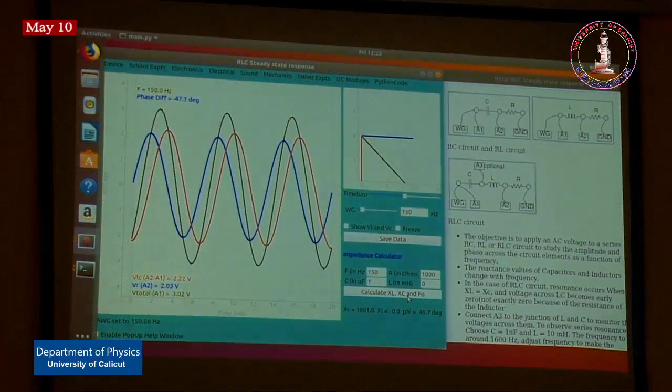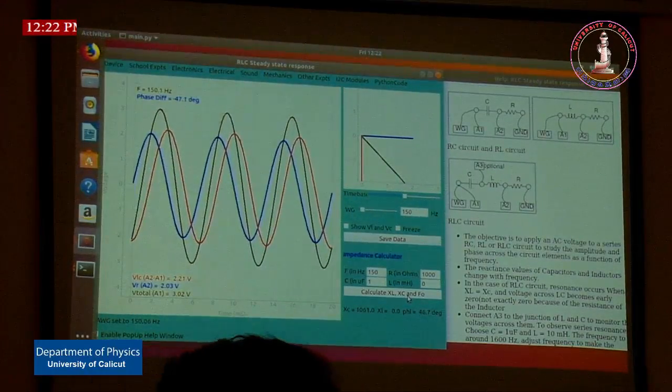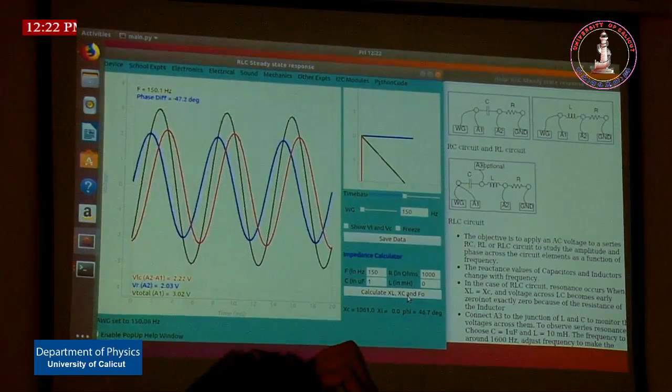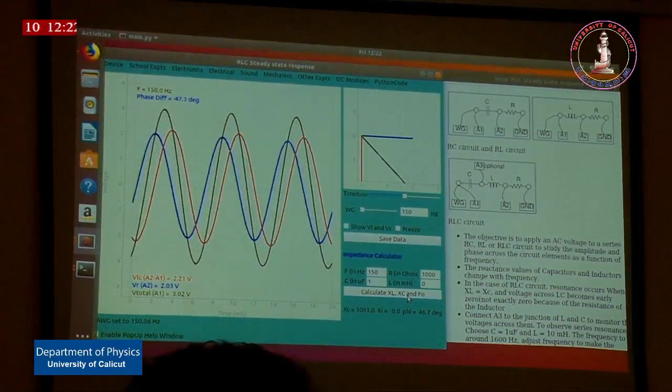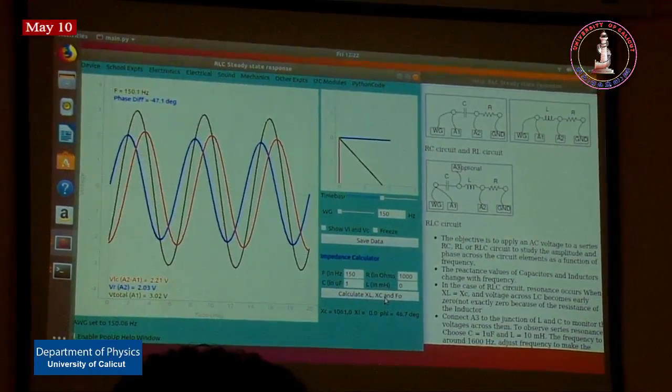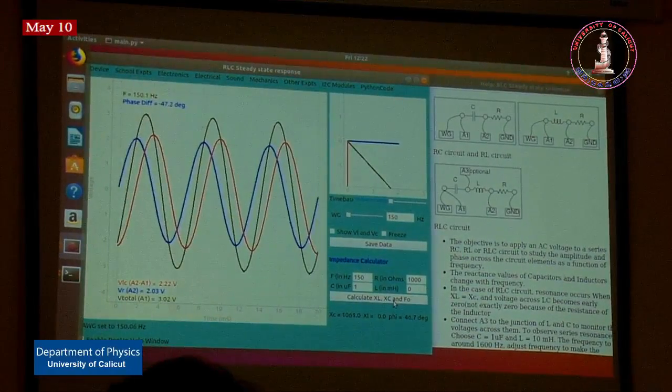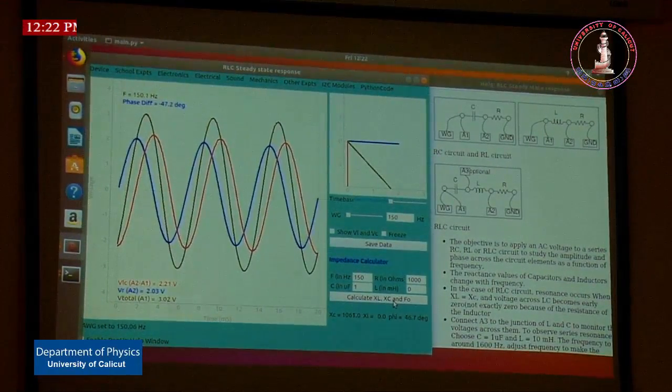See, if you give AC to a capacitor and the other side when it comes out, do you expect some change? What kind of change do you expect? It is something like this.